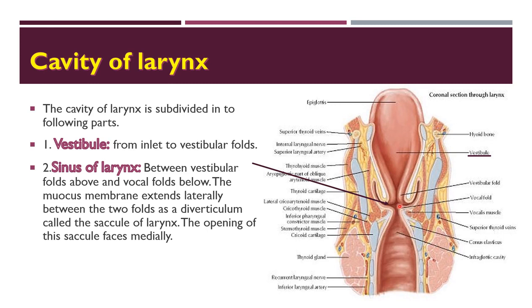So the secretions of the saccule of the larynx help to keep the mucous membrane moist. That is why the saccule of the larynx is also called the oil can of the larynx.